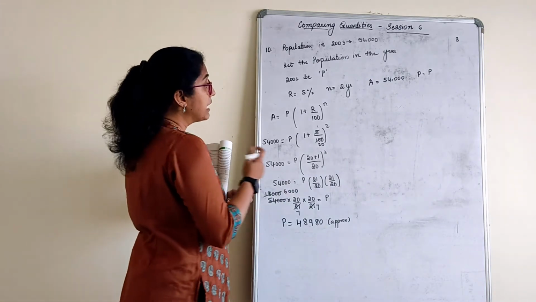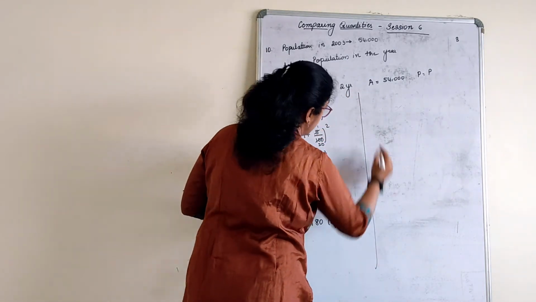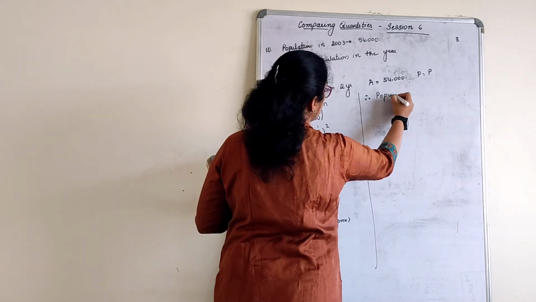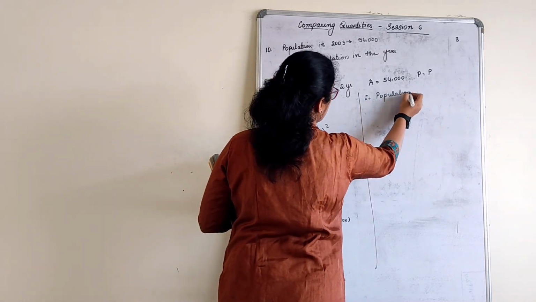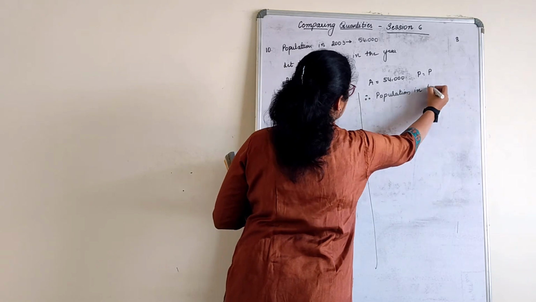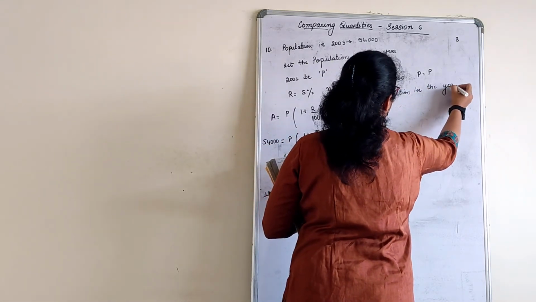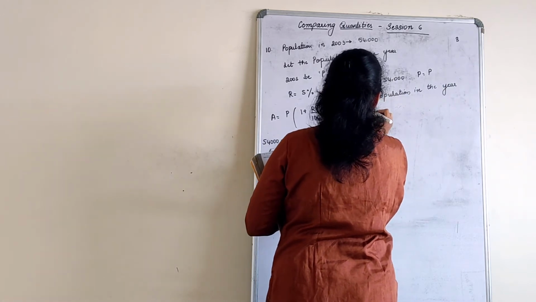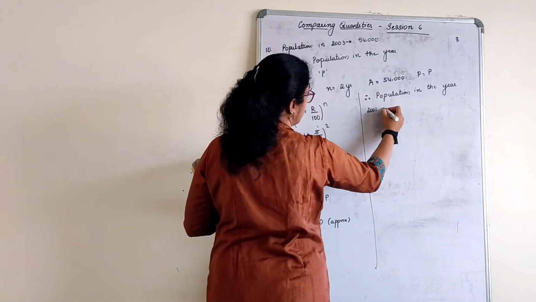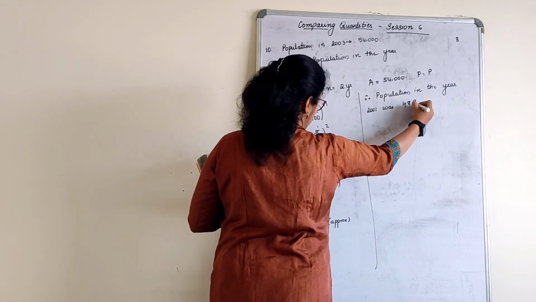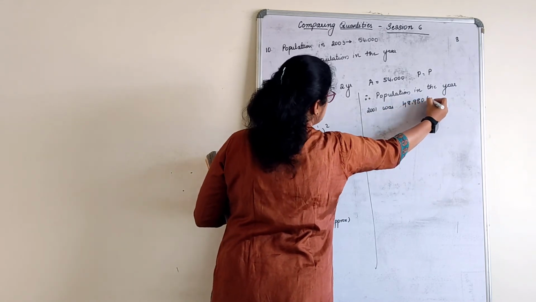Give the conclusion. Therefore, the population in the year 2001 was 48,980 approximately.